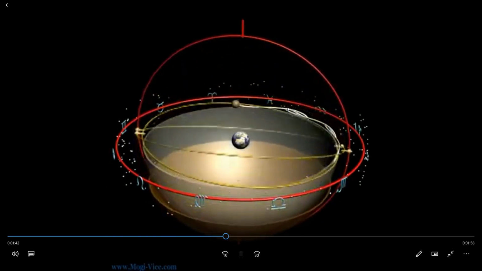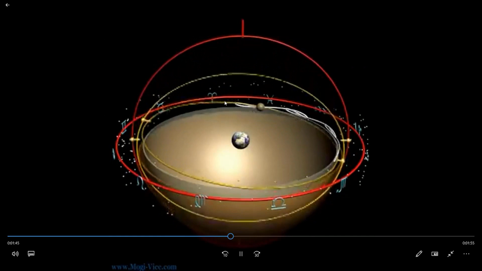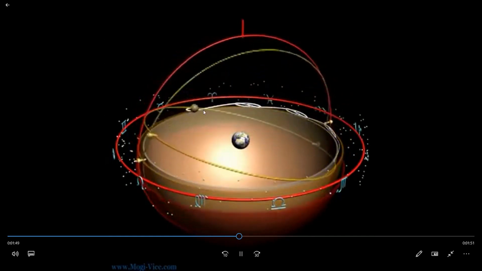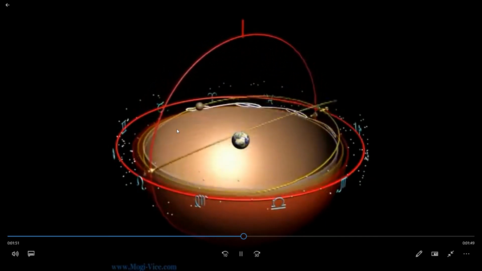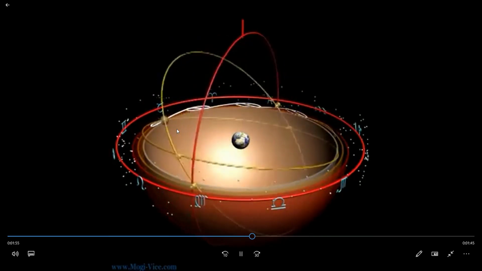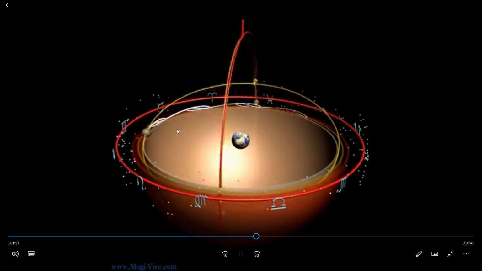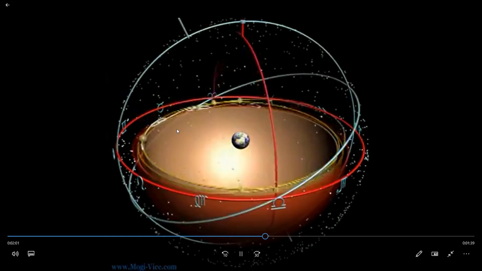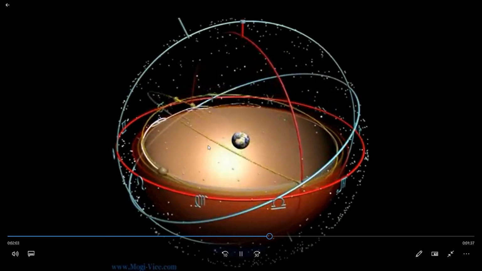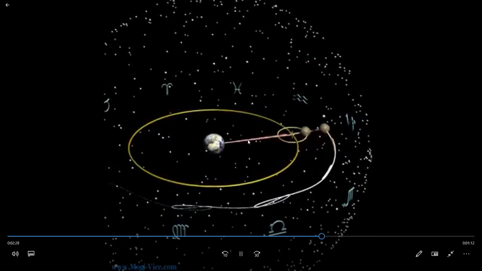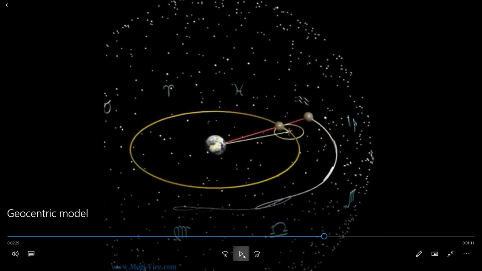A small circle, and it continues its way, small circle and continues its way, like that. They believed in this model, but it's not true. It's not correct, sorry. And so on, like that. Let's make it more clear.